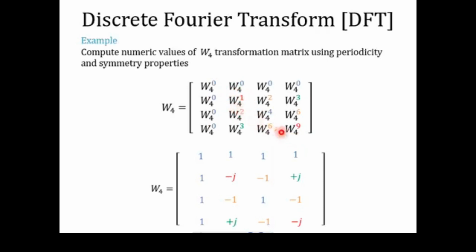So this is how we can complete the transformation matrix by using periodicity and symmetry properties. One thing which you should remember is that if you are going to use these two properties in your examination, then you must mention those properties, how you have obtained these values.